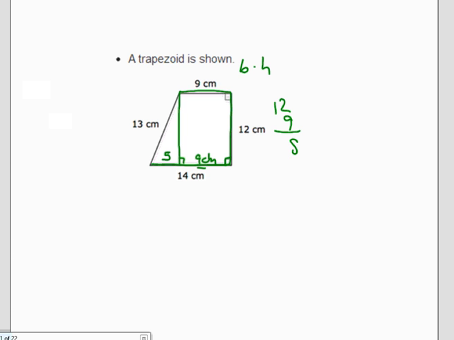This would be 108 centimeters squared. And over here, I have 1/2 base times height. So I have 5 times 13. 5 times 13 is 65. And I need to do half of 65, which is 32.5.